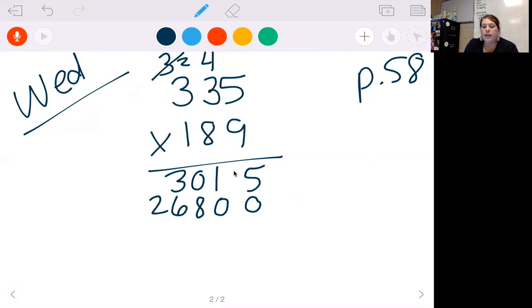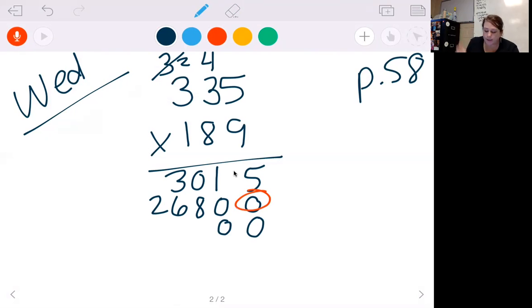Now we have another placeholder 0 because I still have to multiply that 1 by every number at the top. So I'm going to put 2 placeholder 0s here. So instead of just putting the 1, I'm going to get my red like you do here, now we're going to put 2 at the bottom. Then I can go on to 1 times 5.